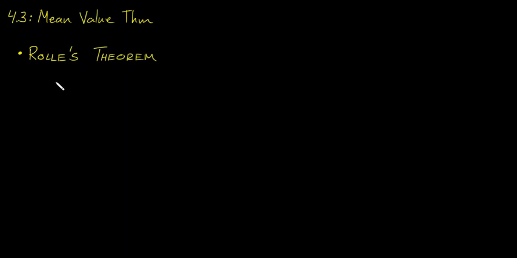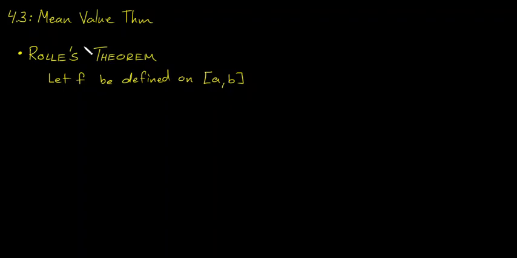First thing we have to do, let's give ourselves some stuff. Let f be a function defined on some closed interval from a to b. All of the theorems that we've ever seen, if you think back to geometry, can typically be written as if and then.